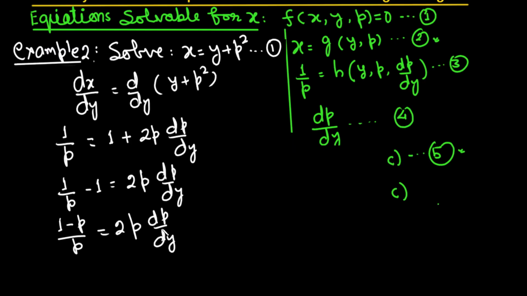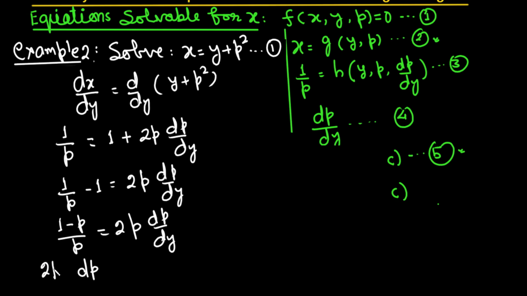Further rewriting it, this is a first order and first degree ordinary differential equation with p as the dependent variable and y as the independent variable. And this one is in separable form, right? So rewriting it as dp and bringing all the functions of p with the dp, it becomes 2p into p, this will be 2p squared.